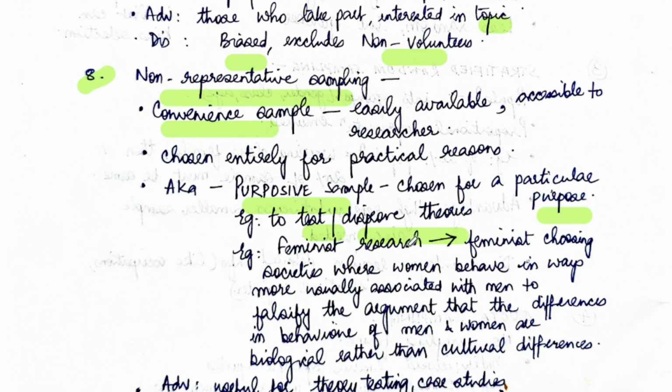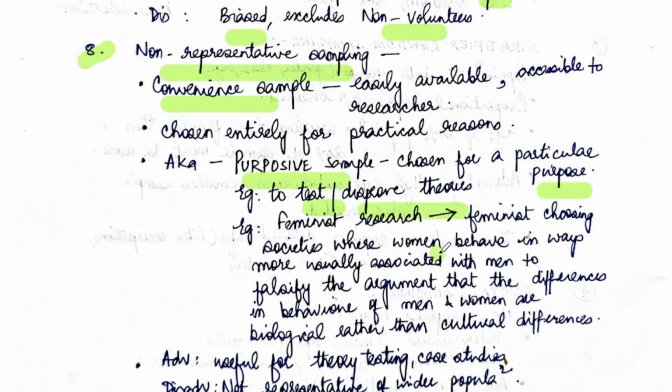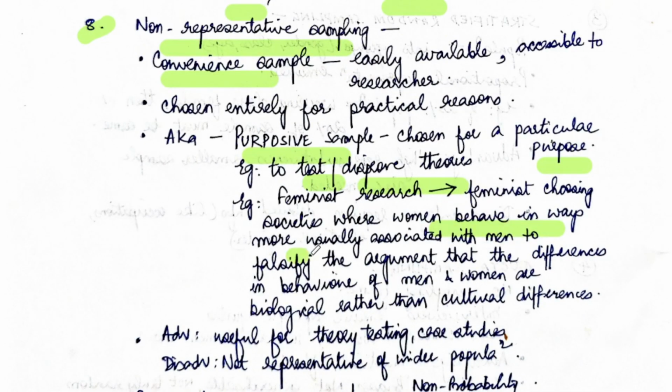For example, feminist research. A feminist researcher chooses societies where women behave in ways more usually associated with men, to falsify the argument that the differences in behavior of men and women are biological rather than cultural differences.